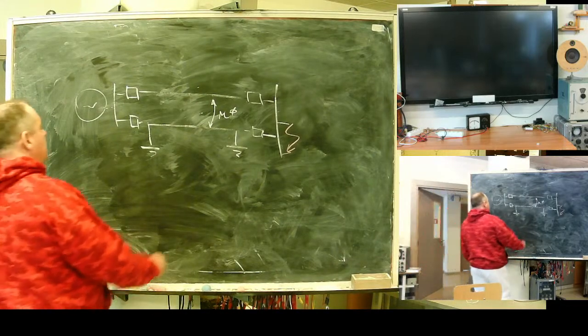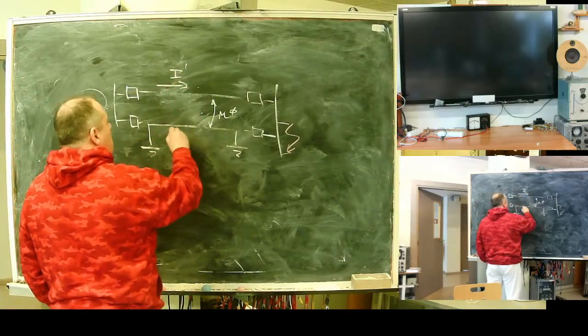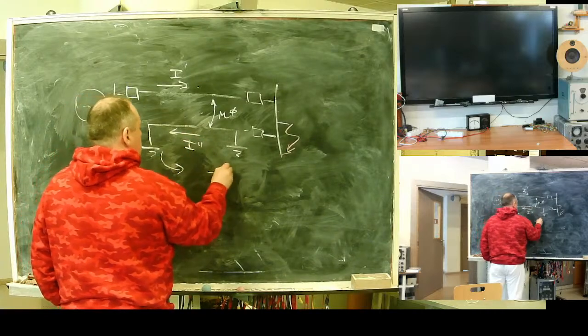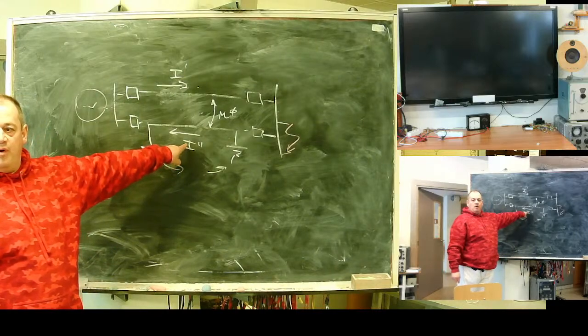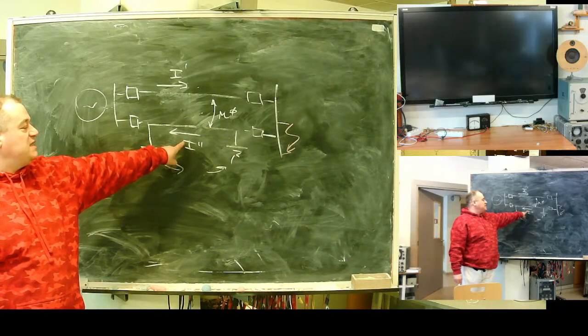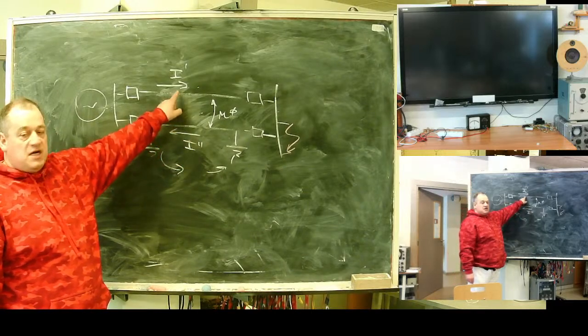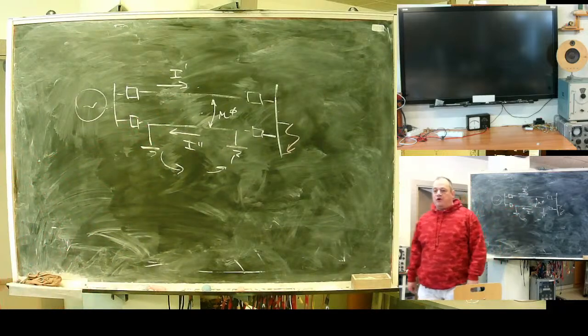You will get current, one, circulating current, two, through the ground. This current decreases observable resistance of this line up to 30%.